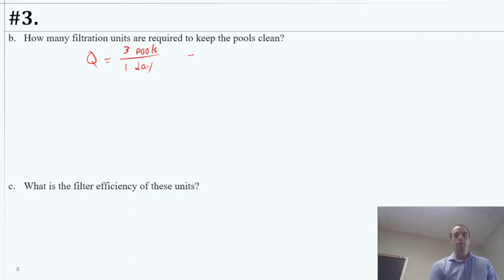Of course, you don't have to write 3 pools, but basically you'd have to get the volume, because that's volume per time, and that's going to be 3 times the volume of the pool, which was given as 2.5 million liters. So 3 times 2.5 times 10 to the 6 liters in 24 hours, you could put it.